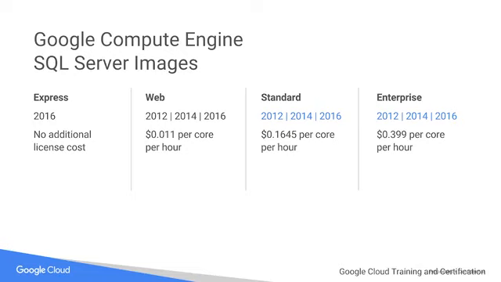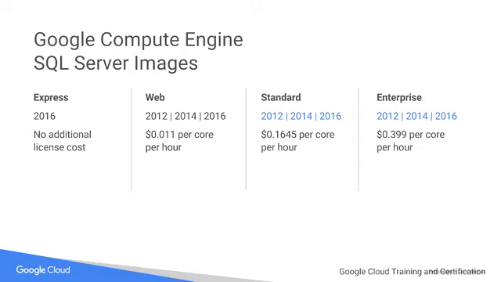Next, let's look at Microsoft SQL Server support. Google supplies pre-configured Compute Engine images for the Express, Web, Standard and Enterprise editions, with 2012, 2014 and 2016 versions available for all except Express.